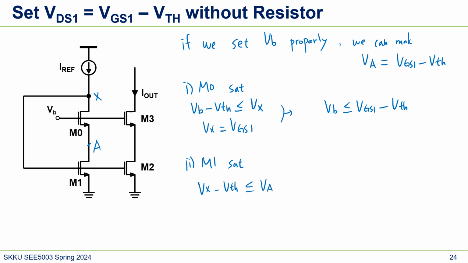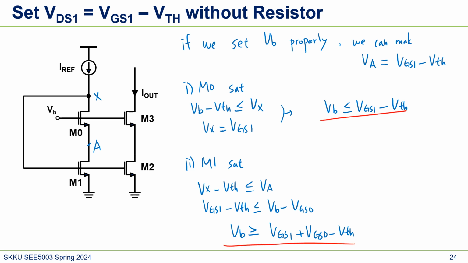And VA is VB minus VGS0, right? Because here is VGS0. So it gives us that VB should be larger than VGS1 minus VTH plus VGS0. So we need these two conditions.